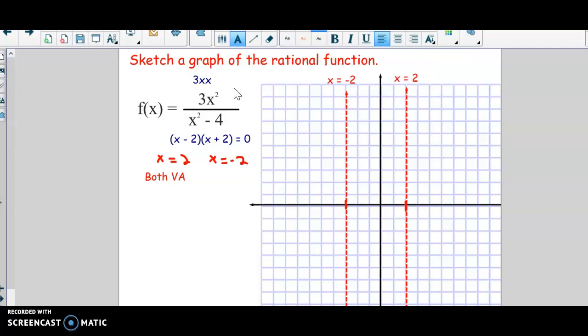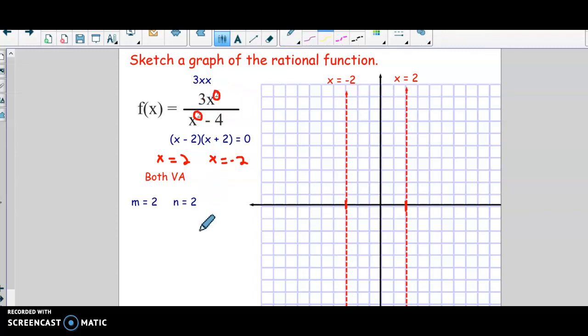Next up is the horizontal asymptote. Remember from the previous video, we look at the highest exponents. Up top, our highest exponent is 2. In the denominator, the highest exponent is also 2. Circle them if you can't tell, but there they are, 2 and 2.